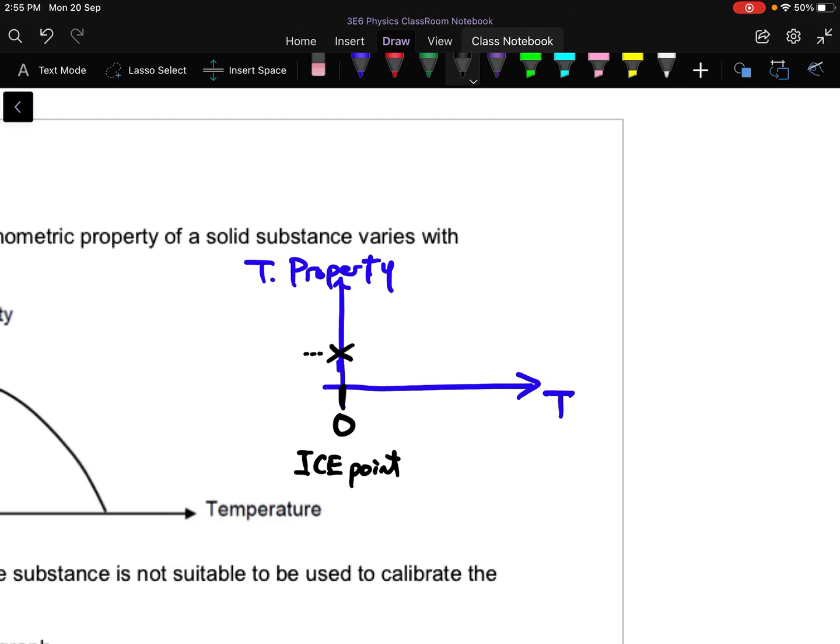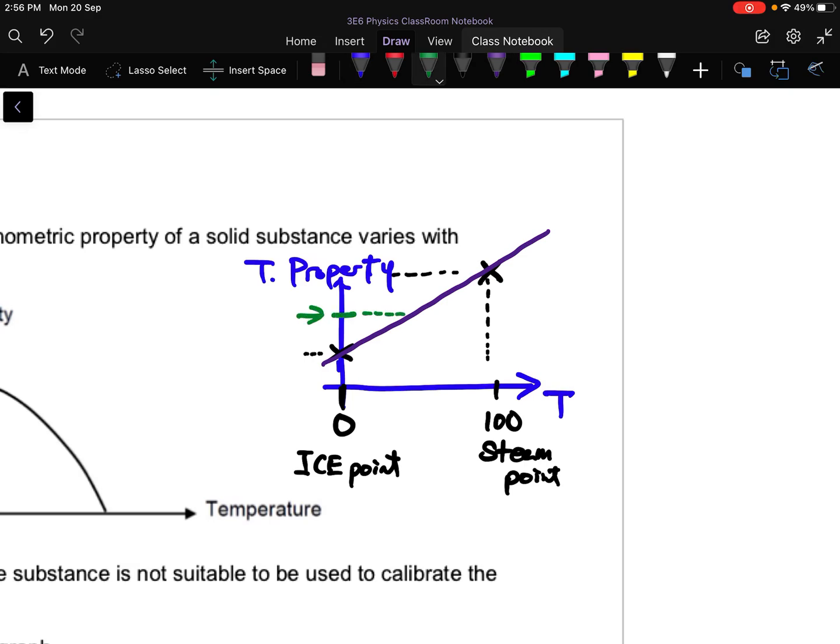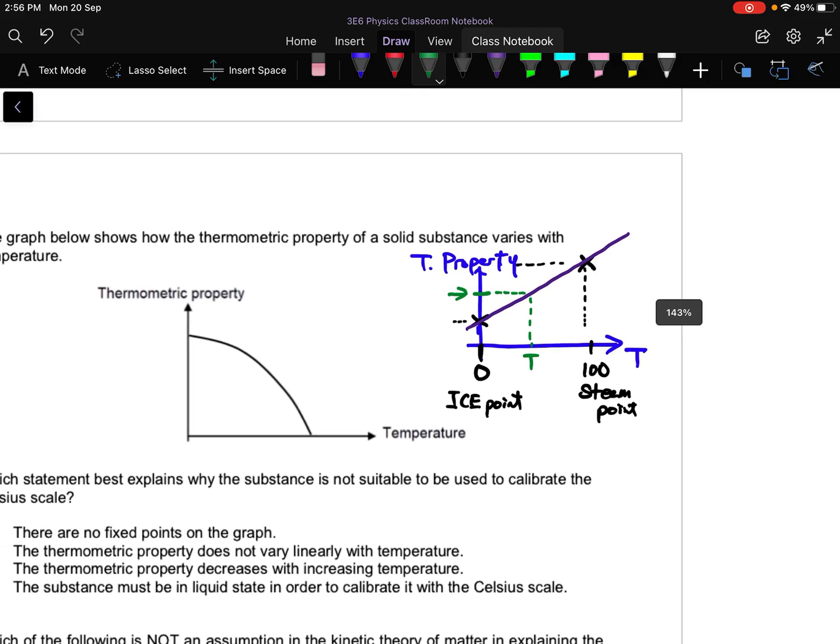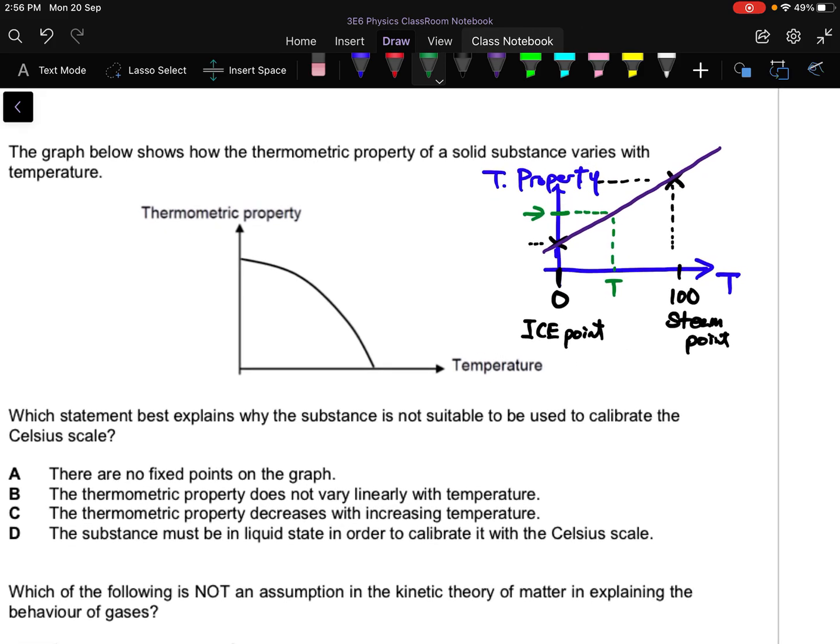After that, we put the thermometer at steam point, which is 100 degrees C at atmospheric pressure, and we observe that my thermometer has made this change. Then we assume that what happened between them is linear, and we will be able to read that if I got this reaction, it will correspond to this particular temperature.